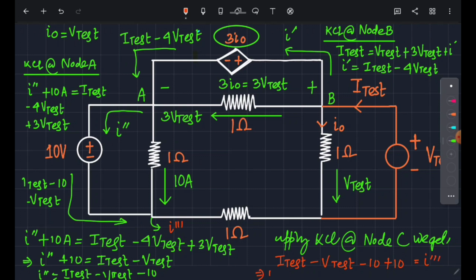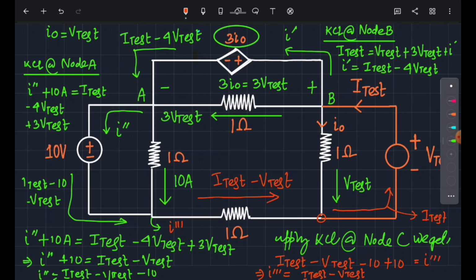So I triple dash is equal to I test minus V test. Okay, we're good over here. So let's put this current over here, I test minus V test. And at this node, V test is the incoming current, so it will be added to this and we'll get nothing but I test. So we are good over here. We have calculated all the currents in the network.